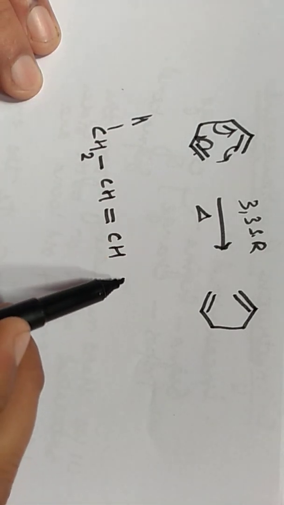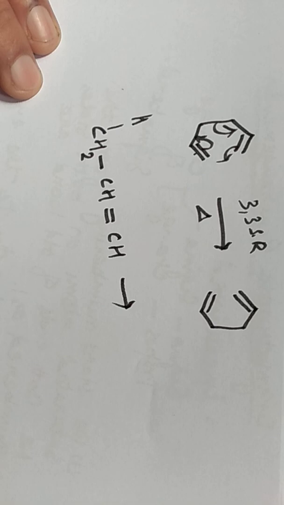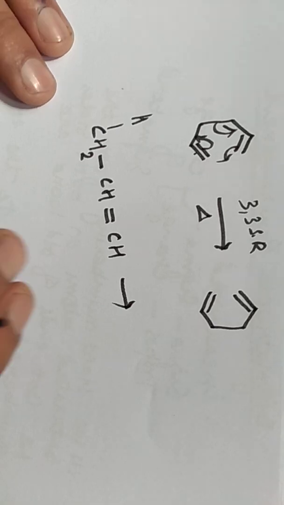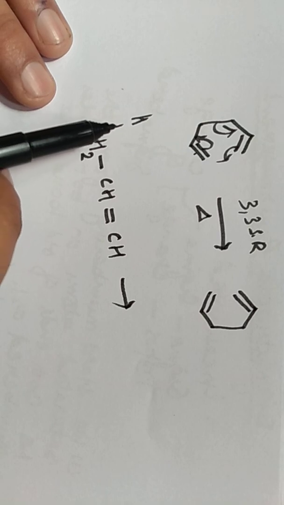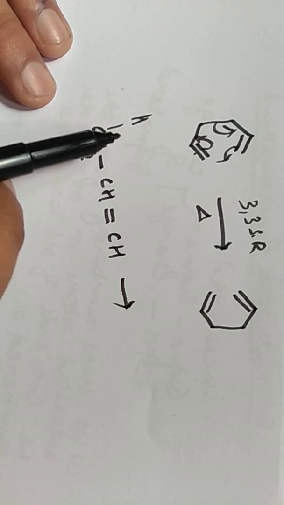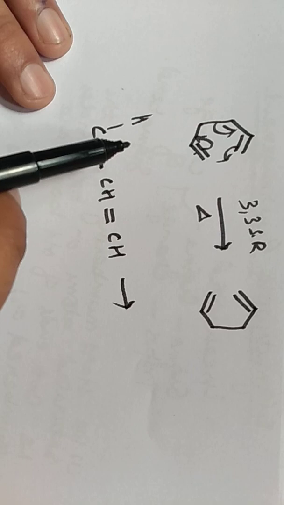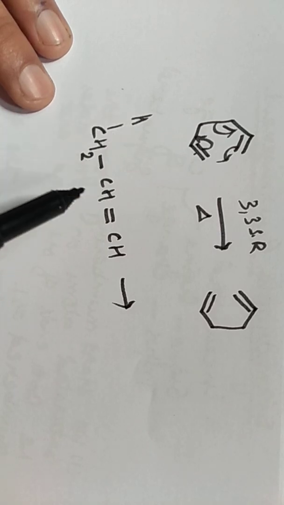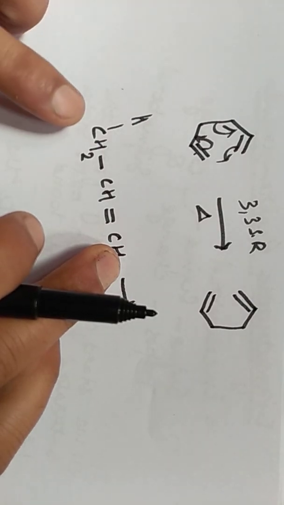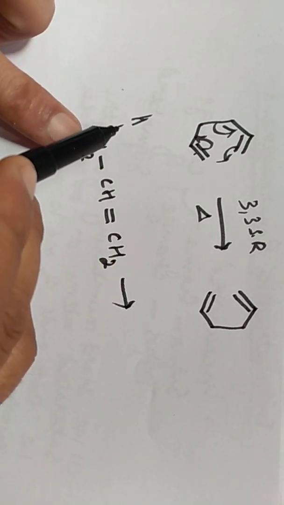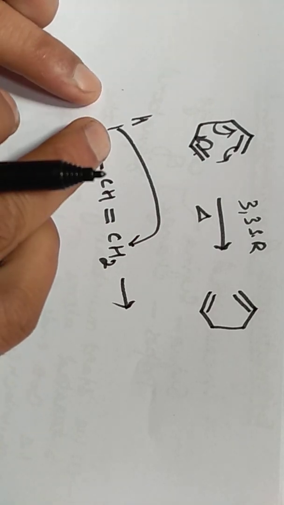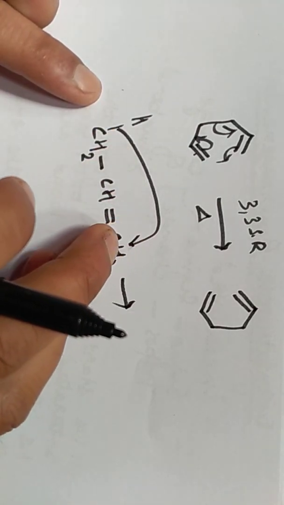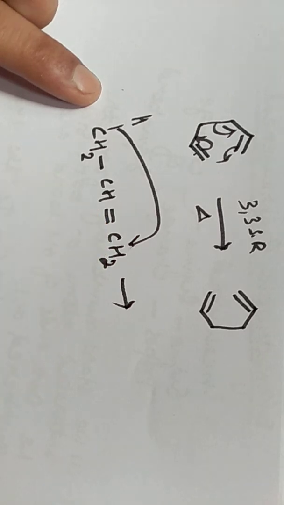This is another example, right? In this case, this is the allylic bond, so this bond shifts or migrates, right? Now what happens? This bond shifts to this side, meaning this sigma bond shifts to the end of the pi bond, right?